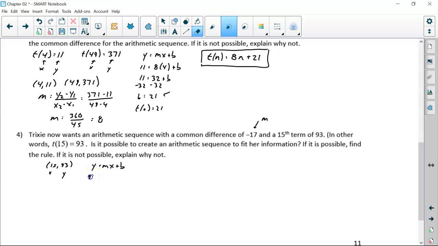So it's going to be 93 equals negative 17 times 15 plus b. 93 equals negative 255 plus b. Add 255 to both sides. So we get b equals 348. So T of n equals our slope, negative 17n plus 348.